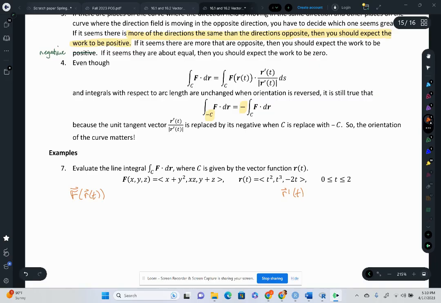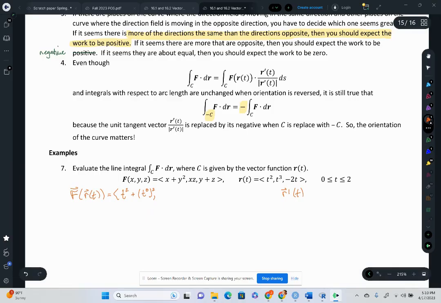Okay, so for f of r of t, the first component is x plus y squared. I go over to my r of t and find my x component, which is t squared, so I replace all x's with t squared. My y component is t cubed, so I replace all y's with t cubed.